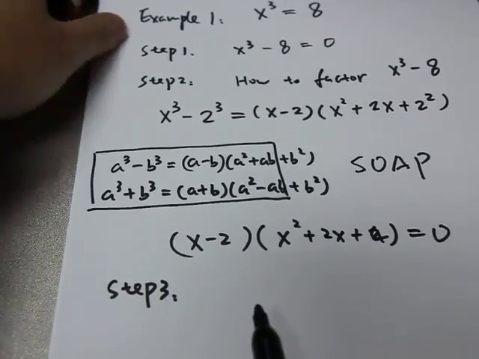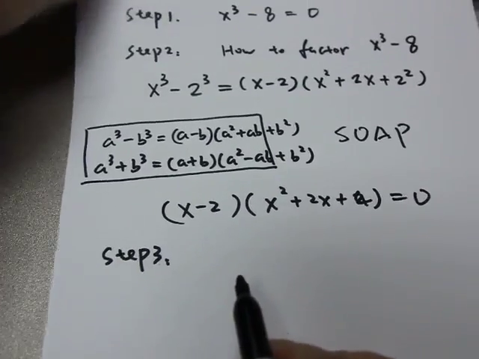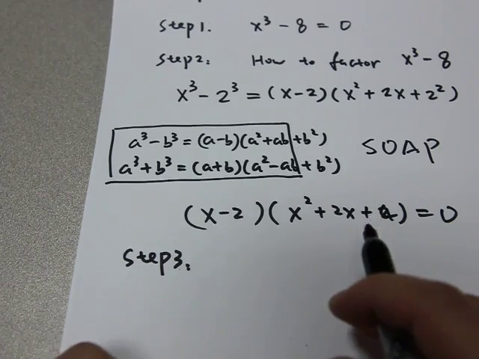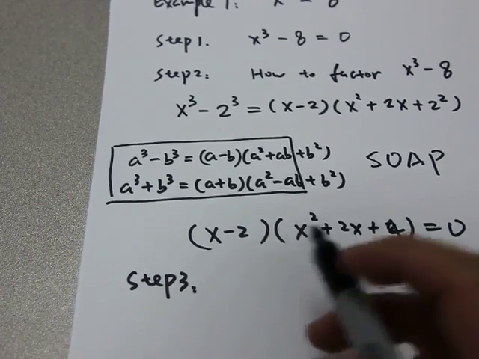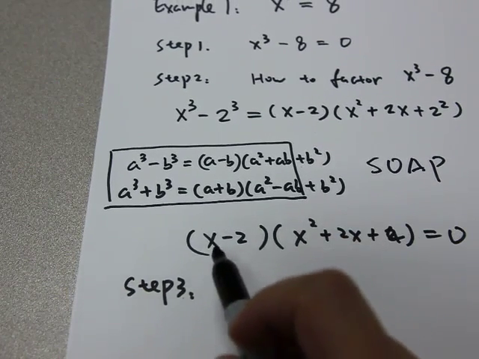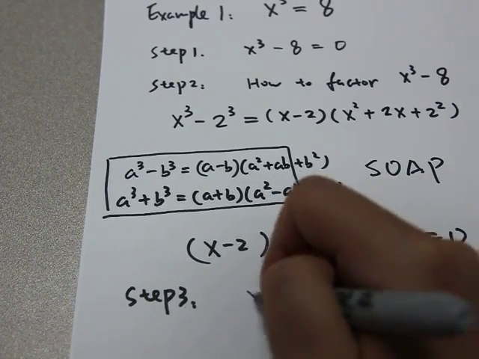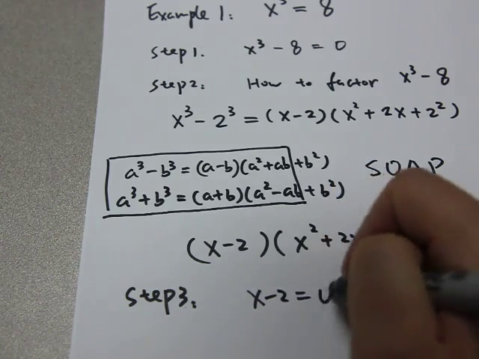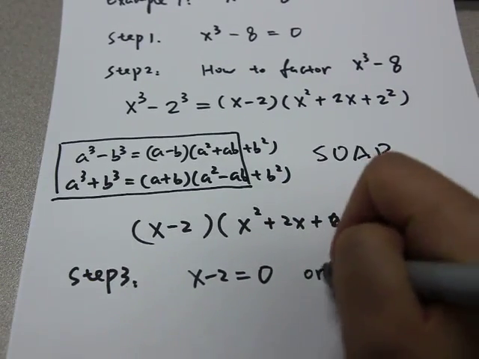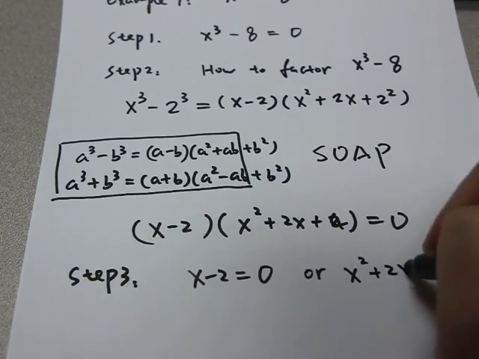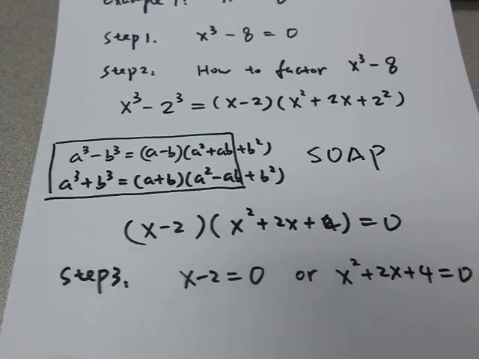Now in step 3, we're going to solve this equation using the zero product property. Since the product of these two factors equals 0, we have x minus 2 equals 0, or x squared plus 2x plus 4 equals 0.